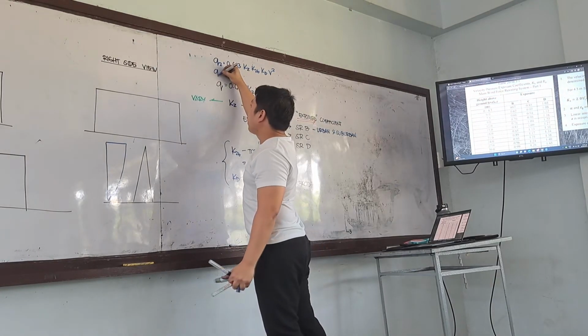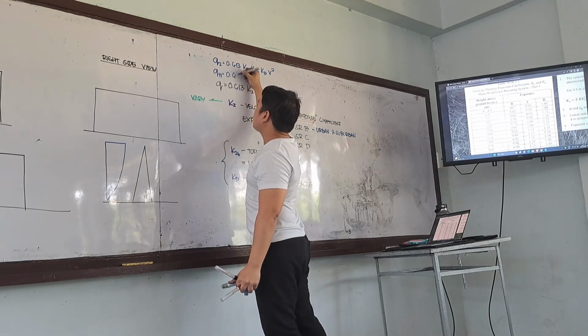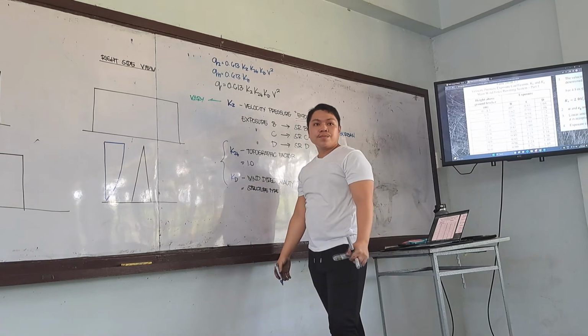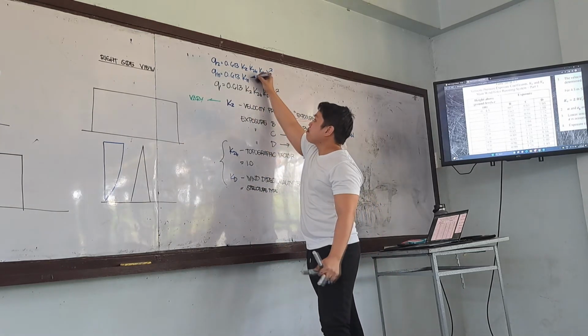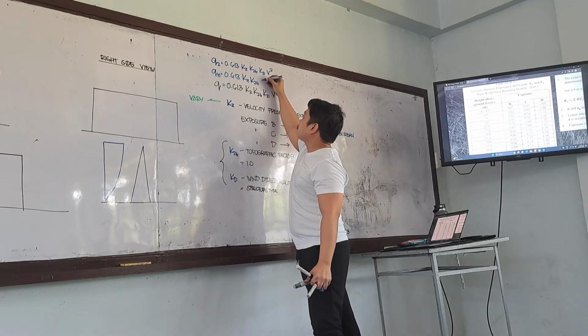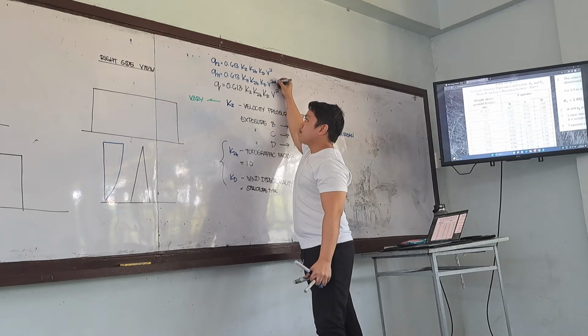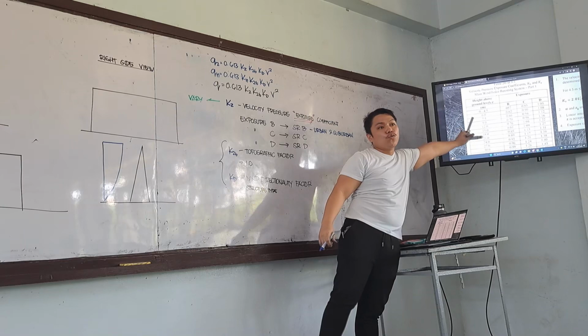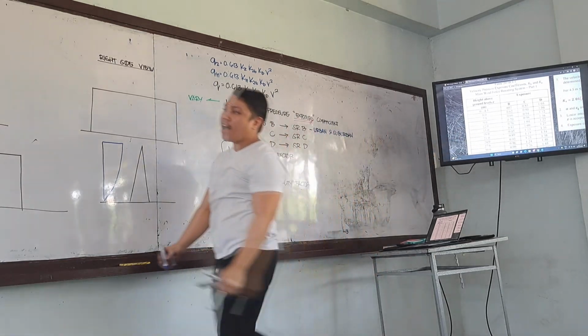So your qh is equal to 0.613 Kh, where Kh is the equivalent of Kz at the mean roof height.